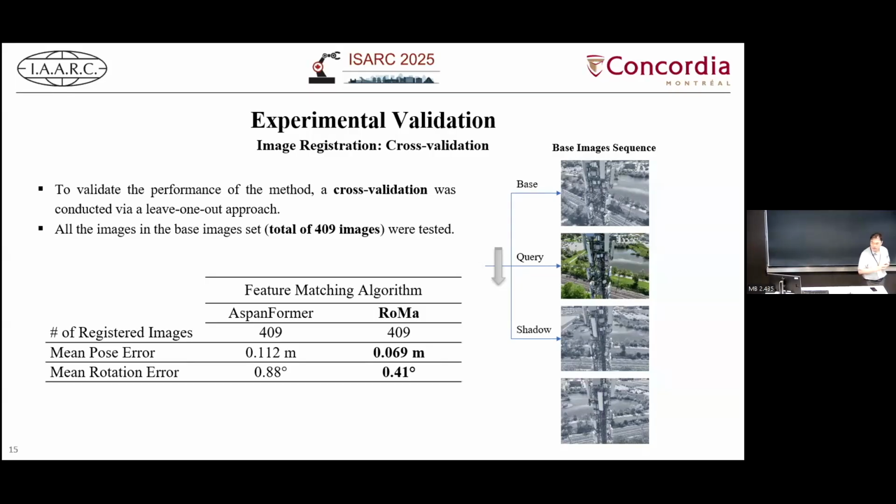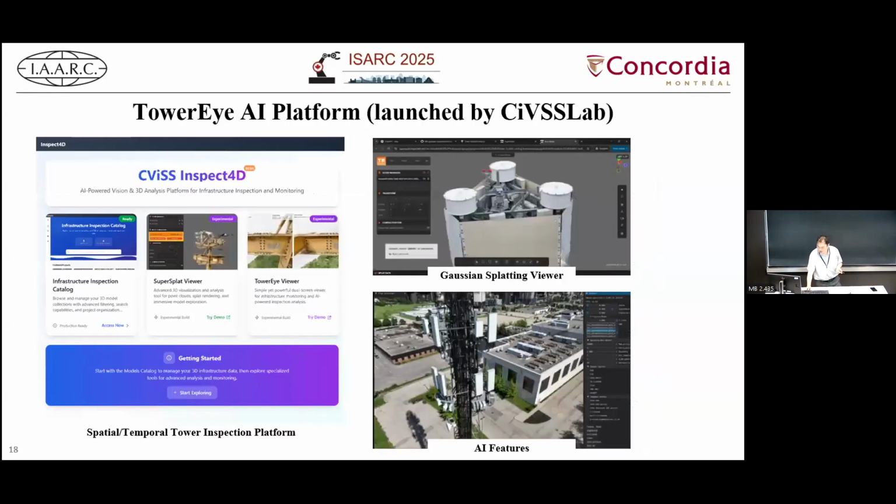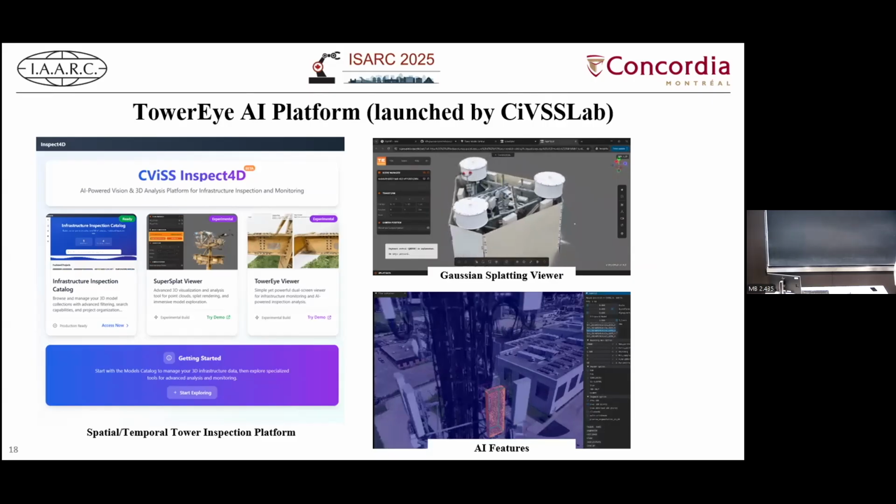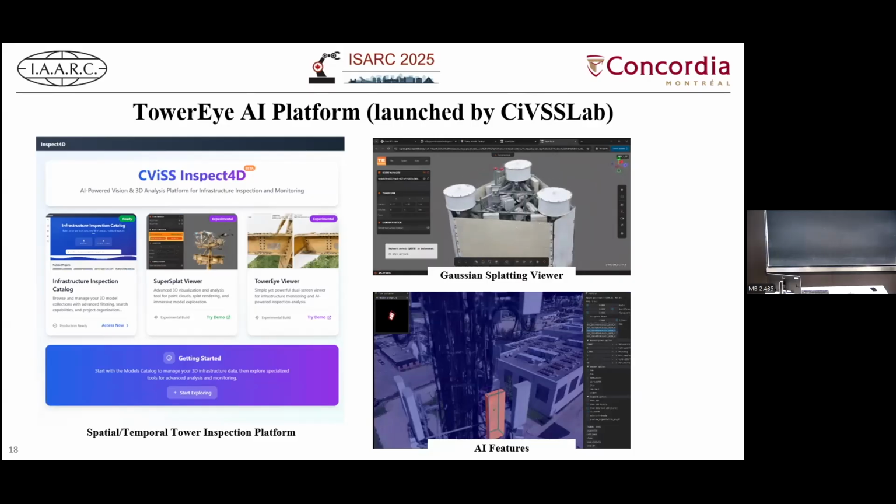Okay, so this is the last slide. Why are we doing this? Because we are making some power inspection software right now. We are using the 3D Gaussian splatting model, loading it into the web platform, and then engineers can view this tower structure.